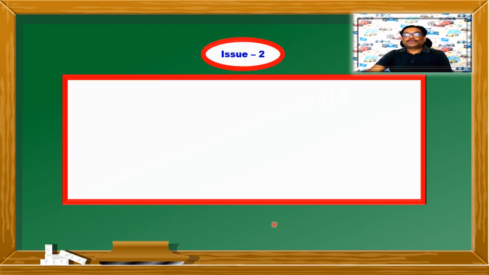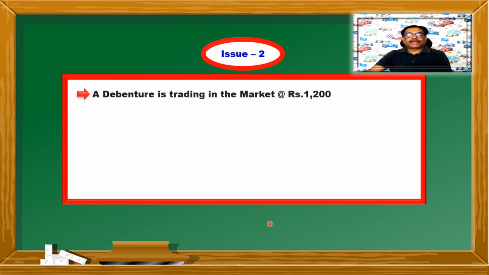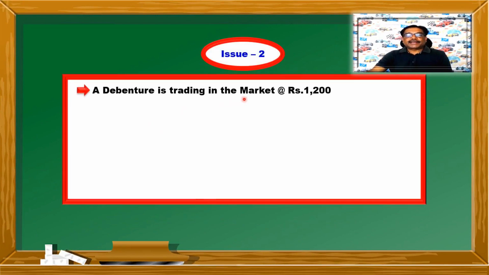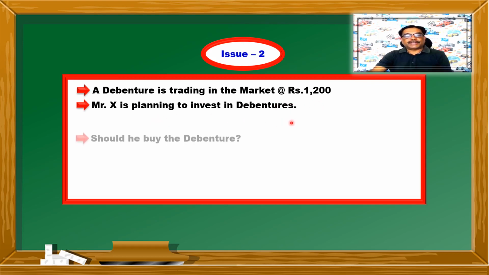Issue number 2, another example you take. A debenture is trading in the market at the rate of rupees 1200. Mr. X is planning to invest in the debenture.